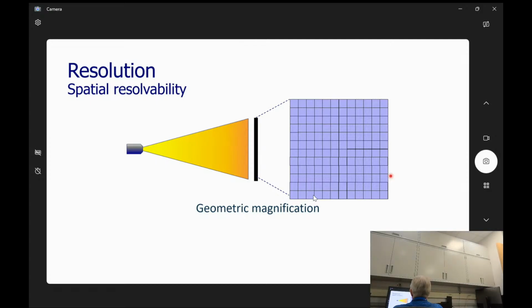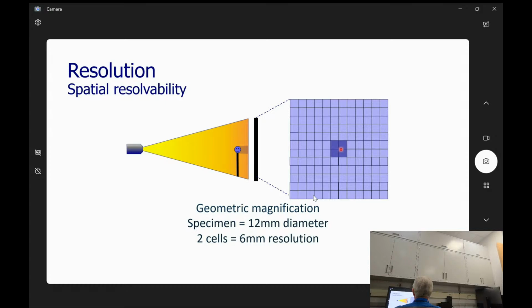In X-ray CT, what we're doing is basically dividing that shadow that's cast on a grid by the number of pixels that it's going over. So if I've got a specimen 12 millimeters in diameter, and it casts a shadow of 2 by 2 cells, so I have 12 divided by 2 cells, or 6 millimeter resolution.